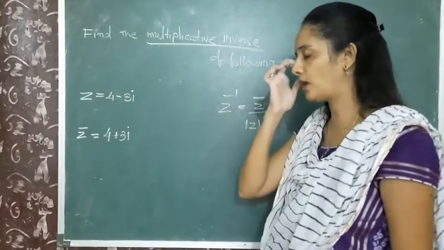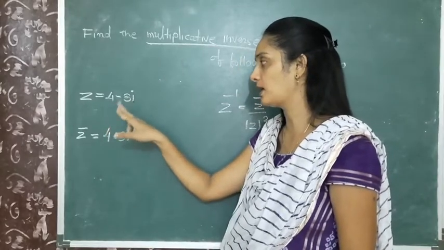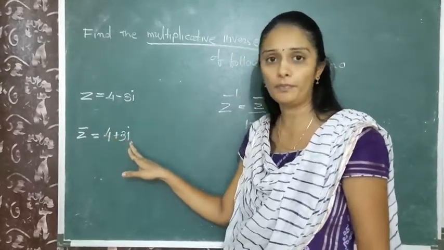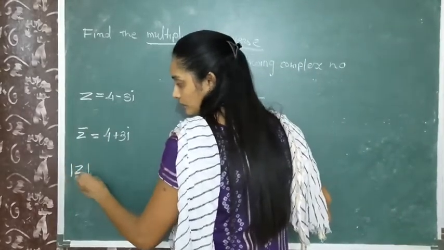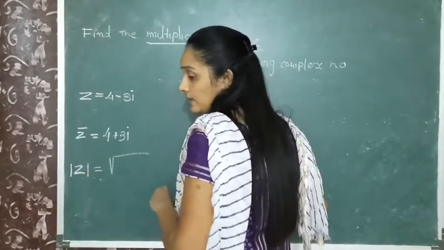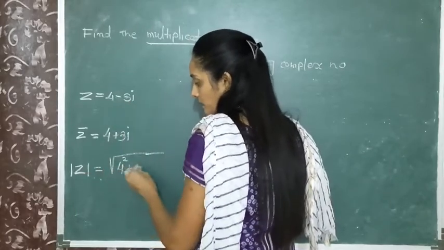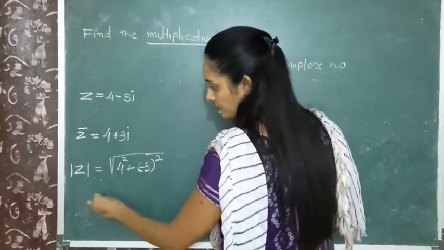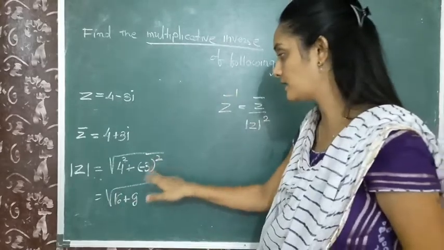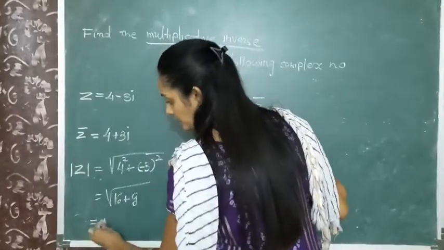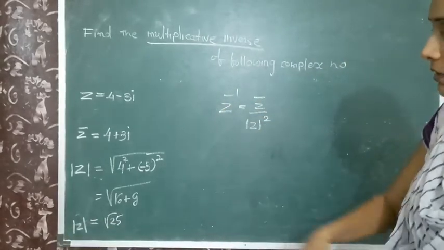For conjugate, we change the sign of the imaginary part, and here the imaginary part is minus 3i. Now we find the modulus. The formula of modulus is root of a square plus b square. So 4 square plus, here b is minus 3 square, so 4 square is 16 plus 9. Why 9? Minus 3 square is plus 9, and the sum is 25. This is the value of modulus of Z.